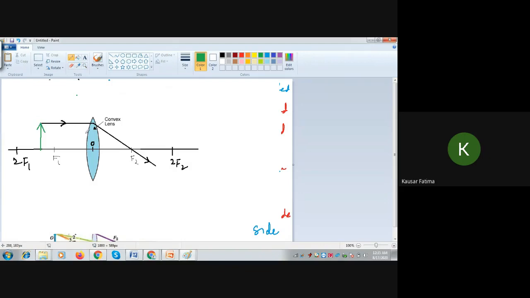So the ray coming parallel to the principal axis, this is the principal axis, I already told. This ray is going this way. Let me elongate this ray because we don't know where the two rays will be meeting.